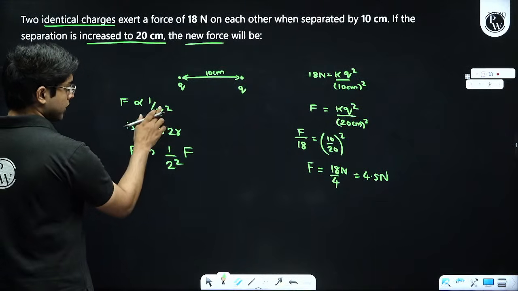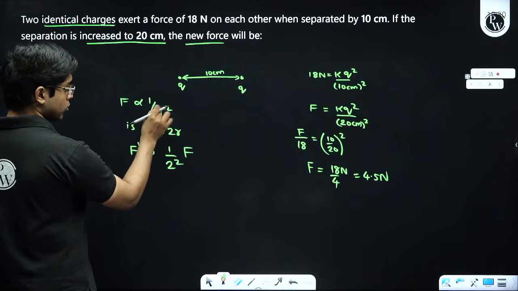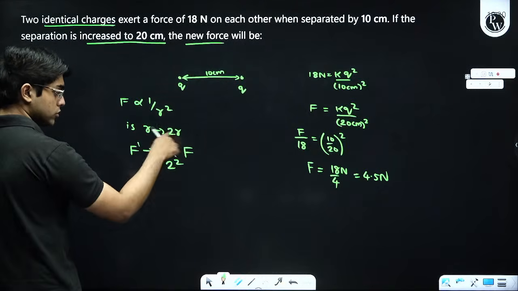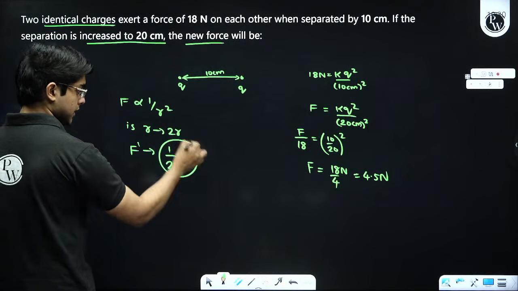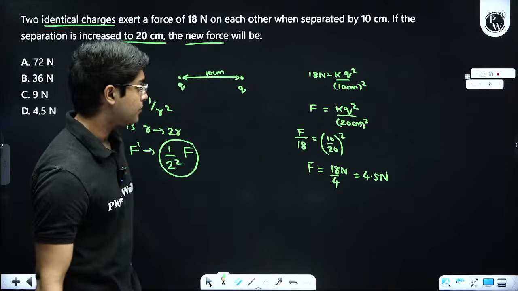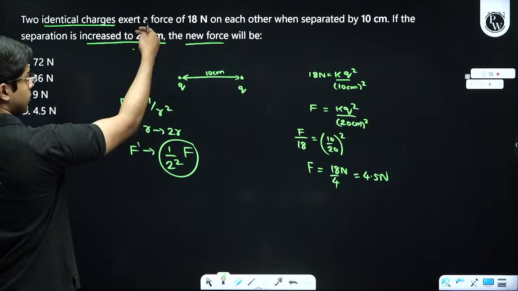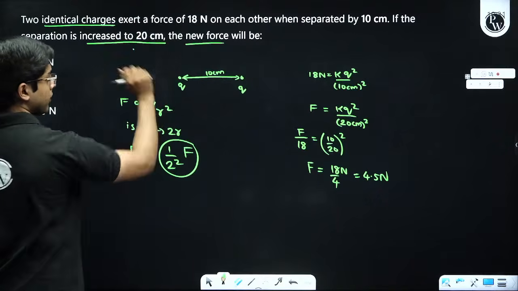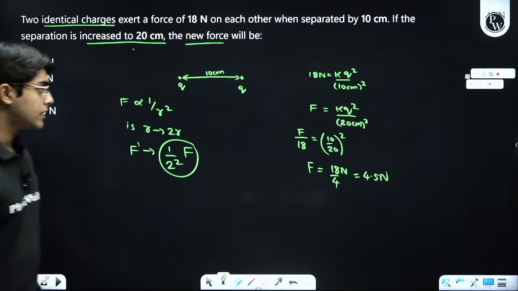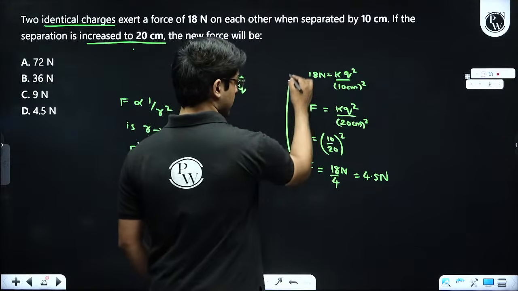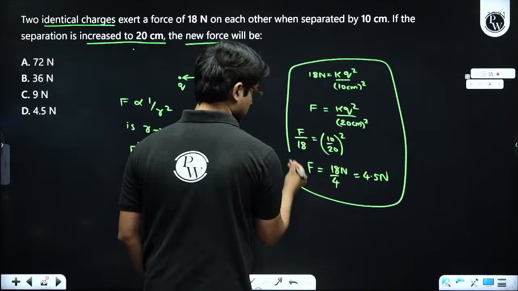So if the denominator is increased by 2 times, 2 square is 4, so the force will become 1/4. That way also you can do. So 18/4. But in board exams, you will have to write it step by step like this.